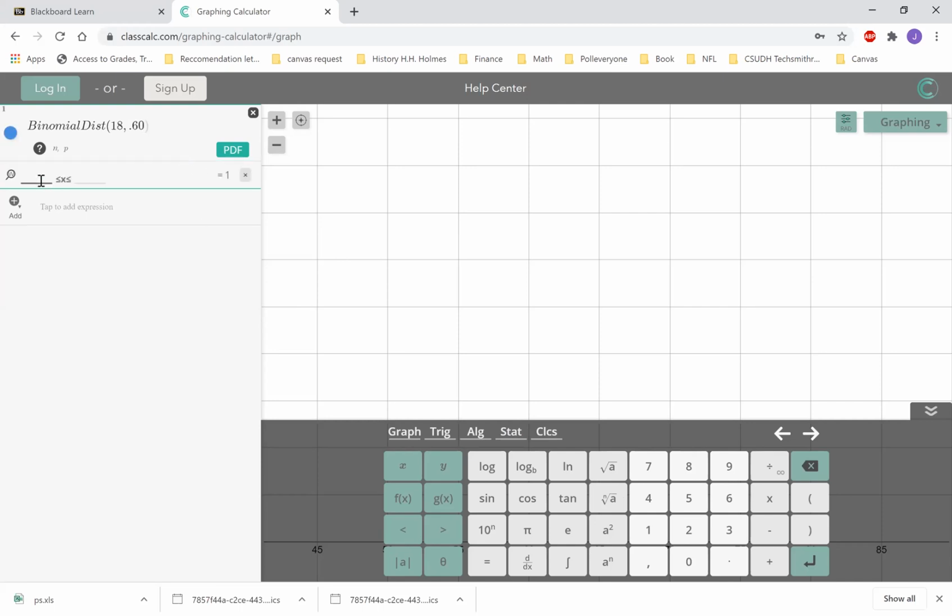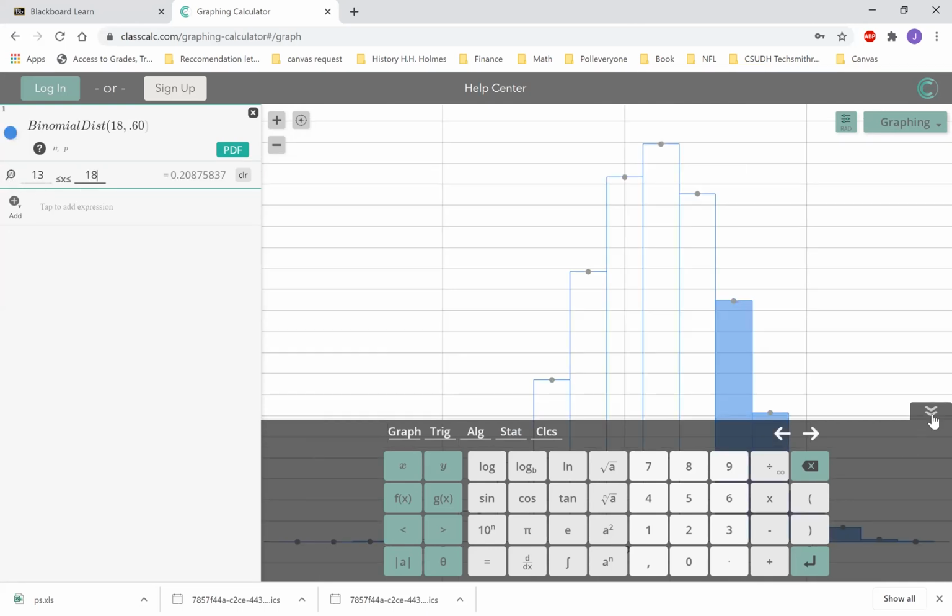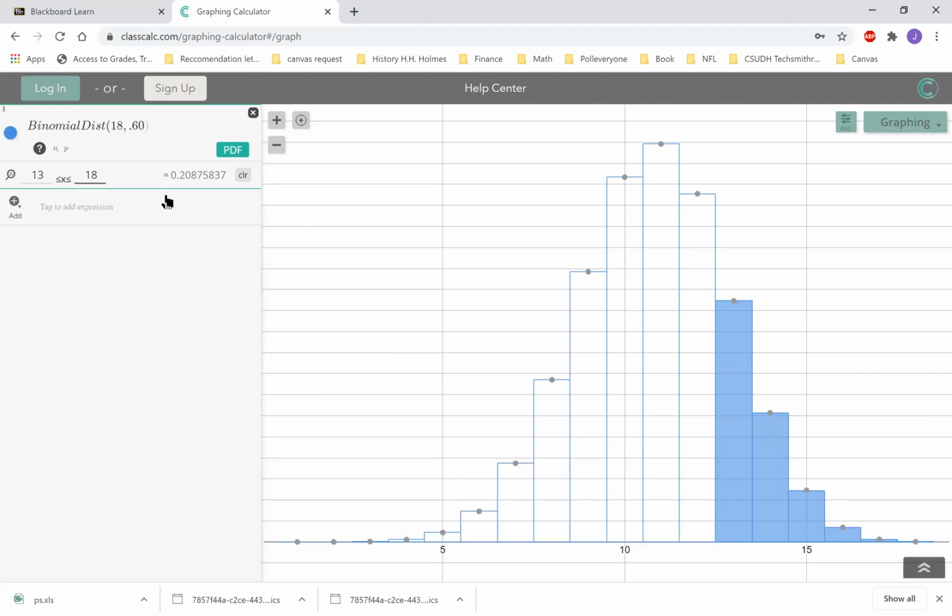For CDF, we pick the lowest number, which will be 13, and the highest number will be 18. So if you look at it, there's a 20% chance that more than 12 students will participate. So, not good.